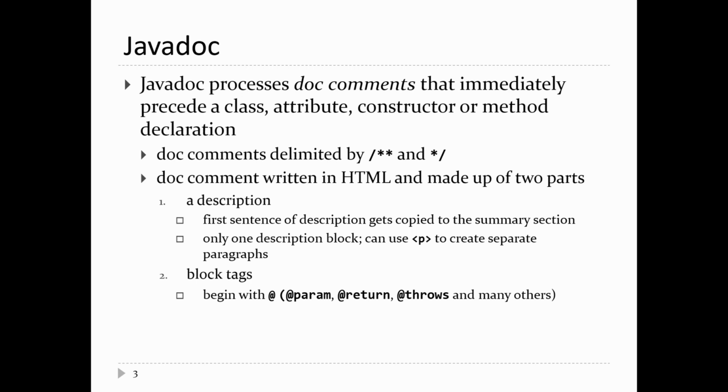The way Javadoc works, it's a tool that processes the comments in your code. It's looking for things called doc comments. Doc comments show up immediately before a class, a field, a constructor, or a method.